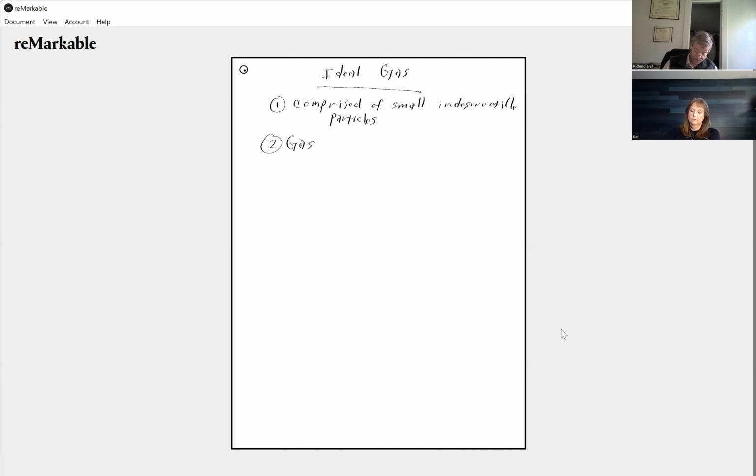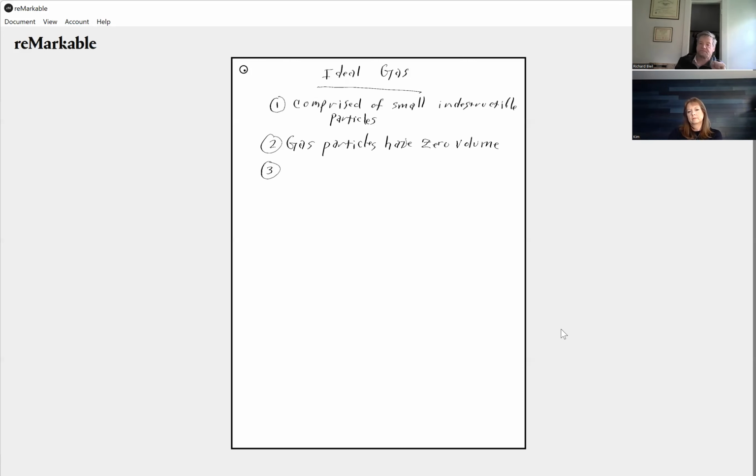The second assumption: all gas particles have zero volume. Gas particles have no volume. This is not true.